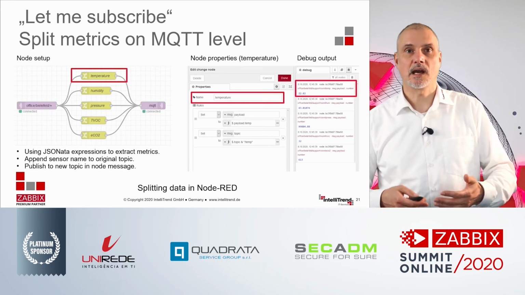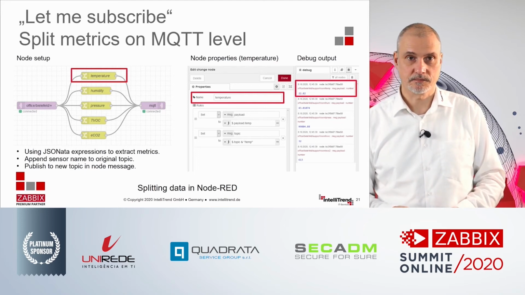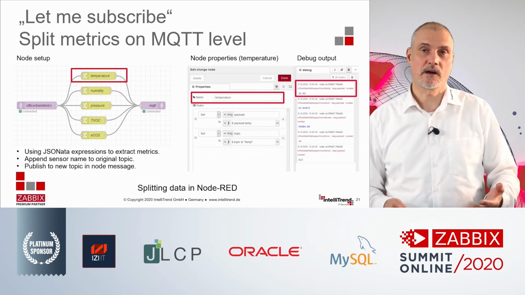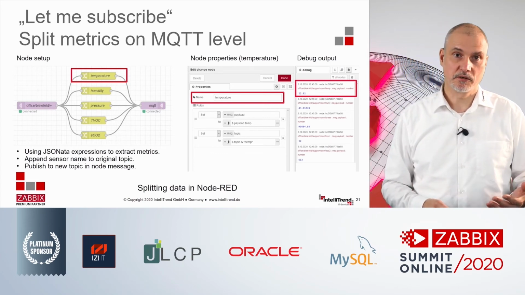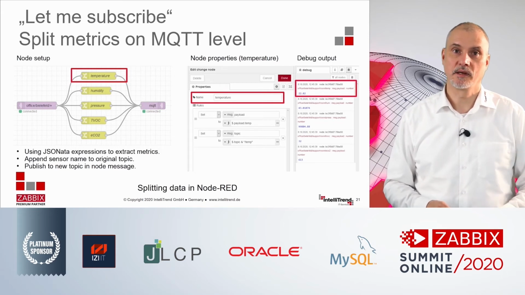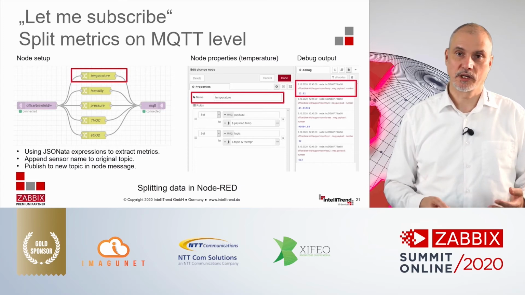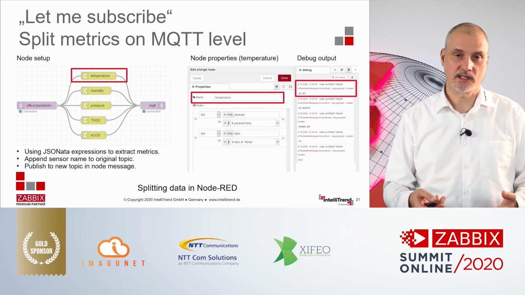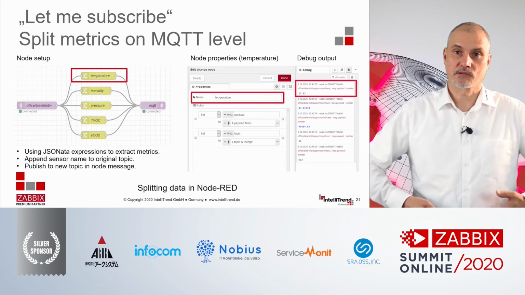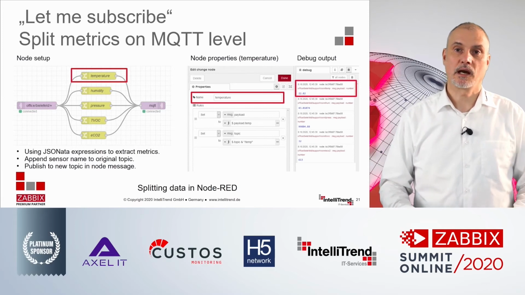So here we can see how we would split the data on the MQTT level using Node-RED. On the left-hand side, you see the node setup. We have our subscription node, and we have our data processing nodes in the middle, the yellow ones. I took the temperature as an example here. You can see that we are using just JSON processing in the temperature node to extract the temperature as a metric and then to republish it under its own topic.